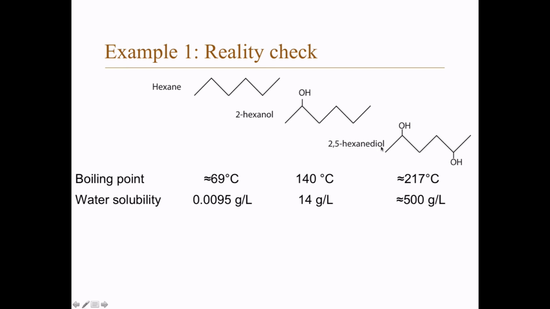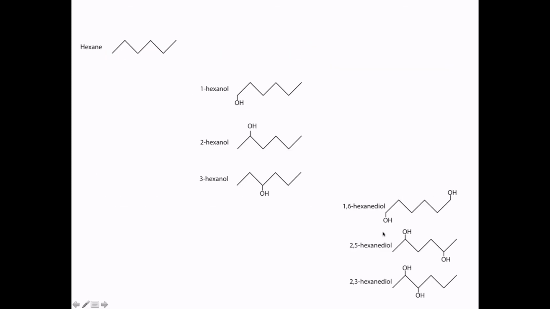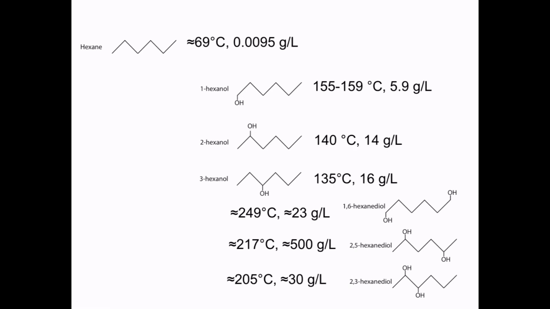And you have a number of different alcohols with two groups. Let's just look at three different versions: 1,6, 2,5 and 2,3 hexanediol. And if we look up the physical characteristics, we see that these three, 1-hexanol, 2-hexanol and 3-hexanol, have approximately the same boiling point, from 135 up to 160.